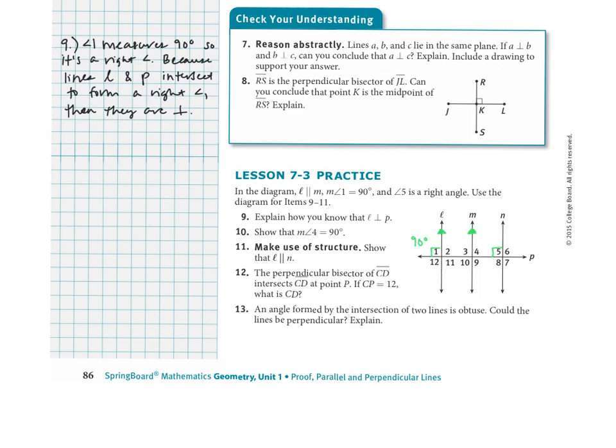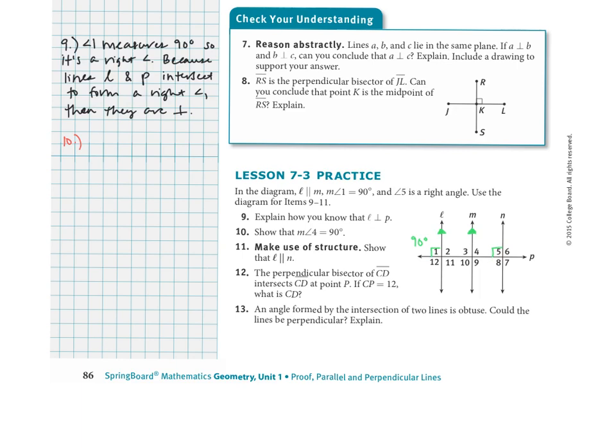So right now, we're not necessarily doing proofs, but we're going through that logical reasoning, that thought process that helps us lead up to proofs. Let's go ahead and look at number 10. So it says, show that the measure of angle 4 is 90 degrees. Okay, so we want to show that the measure of angle 4 right here is 90 degrees.